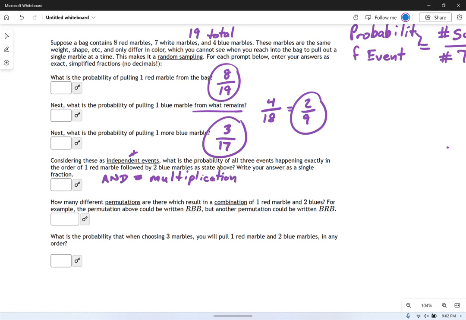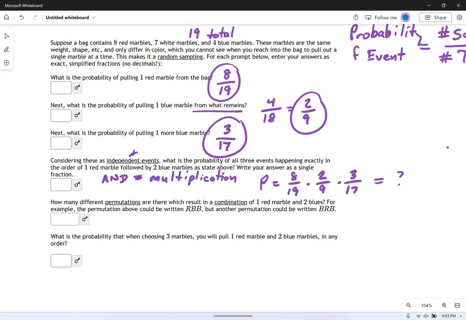So the probability total is going to be the first one, 8/19, times the second one, 2/9, times the third one, 3/17. I strongly recommend using a calculator for this. And then you put your answer for whatever that is. Do some fraction multiplication. That's your probability for doing all 3 of these things exactly as described.